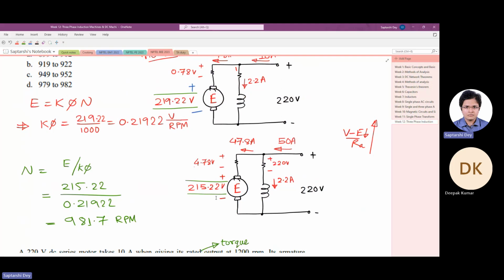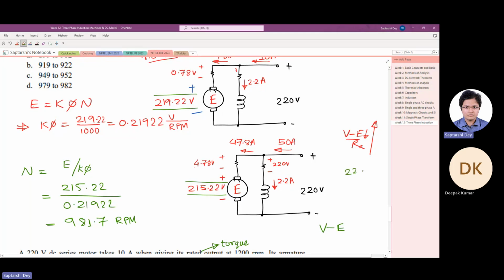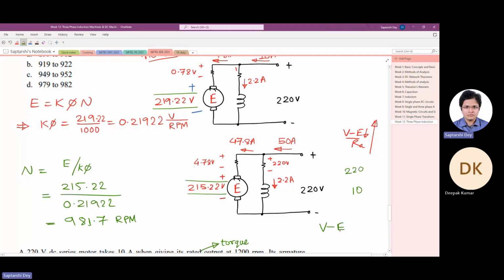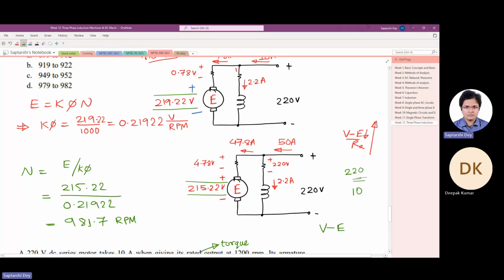Why not? Because the armature circuit resistance is very small. Since it is very small, even a very small difference between V and E can cause a sufficient amount of current to flow through the armature. If a motor rated for 220 volt had the back EMF drop to 10 volt at full load, that would mean a 210 volt drop in the armature circuit resistance.